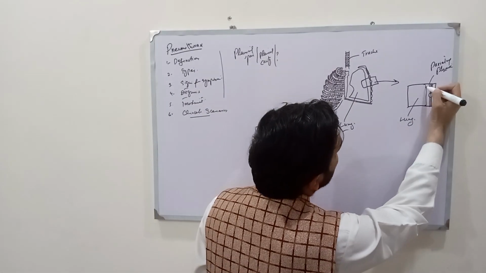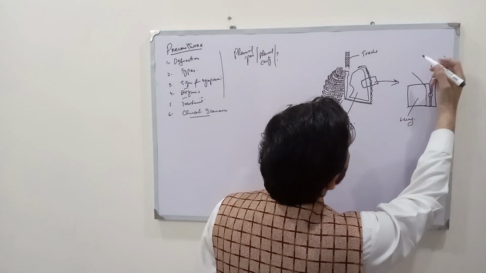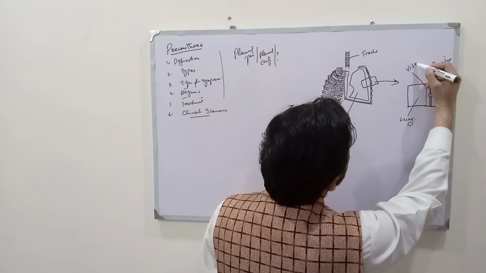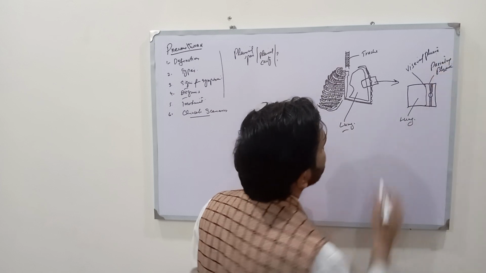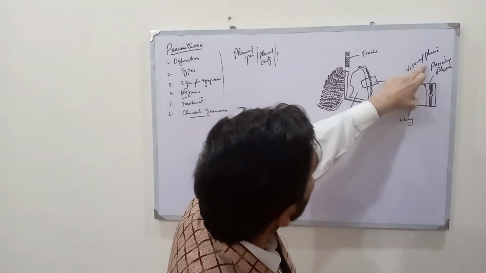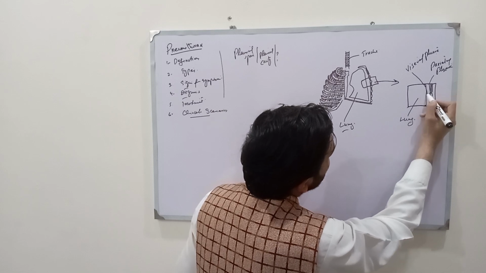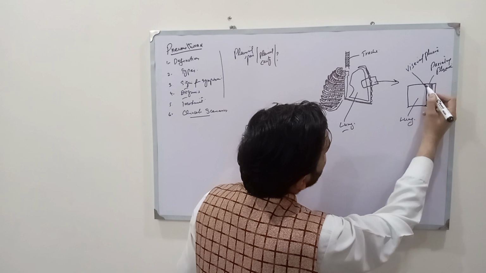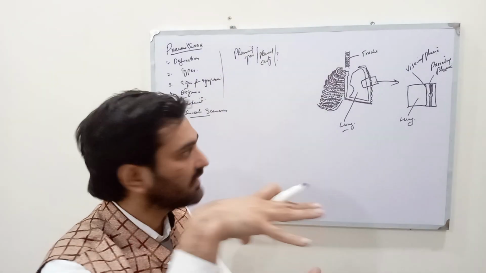The other layer of the pleural cavity is called the visceral pleura. The visceral pleura lines the surface of the lung, and also it deepens into the fissures which are present on the lungs.